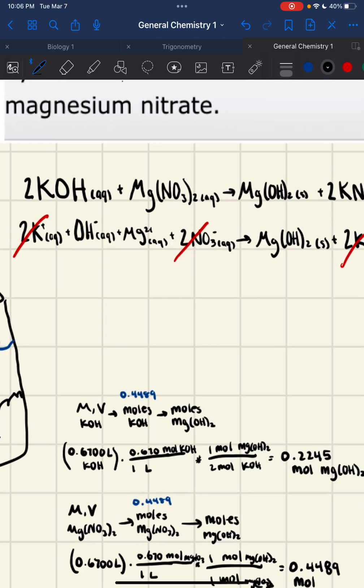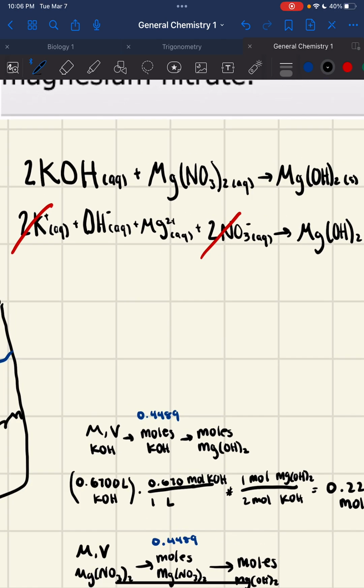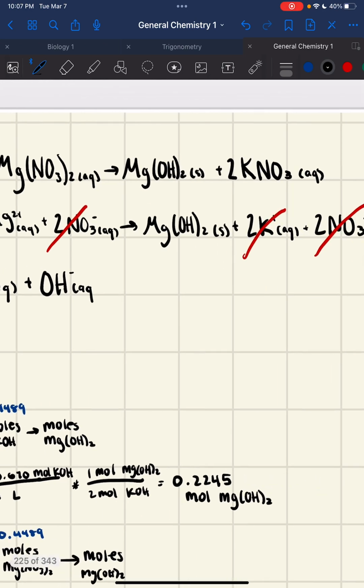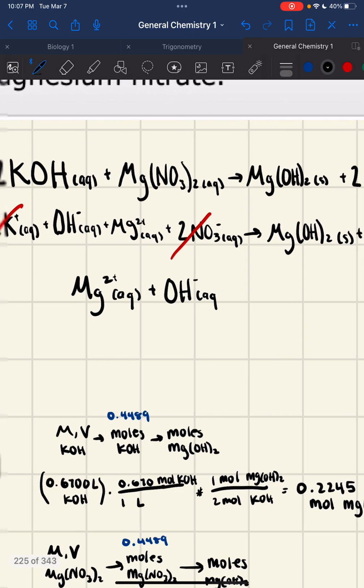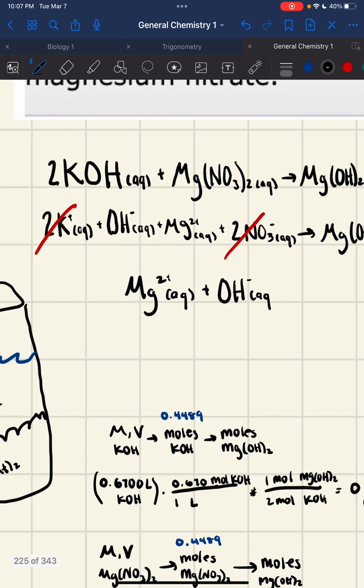And writing this, you can just write your net ionic equation, which is just going to be the Mg2+ aqueous plus the OH− aqueous.